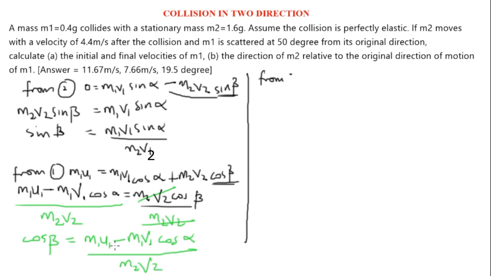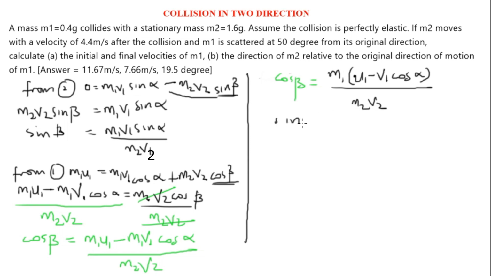But note that I can still simplify the numerator, so that my cos beta will be equal to m1 times u1 minus v1 cos alpha all over m2 v2.